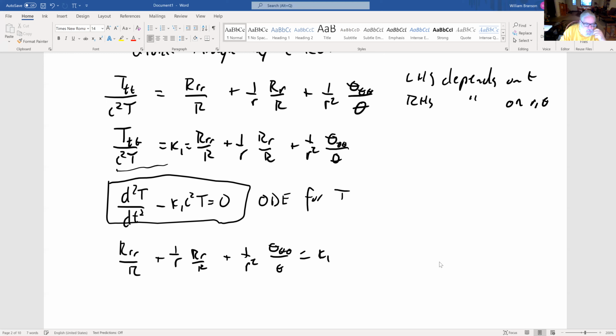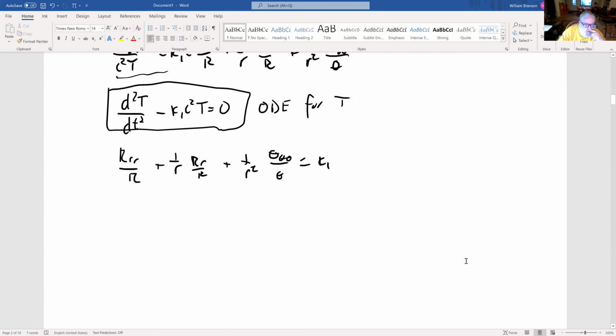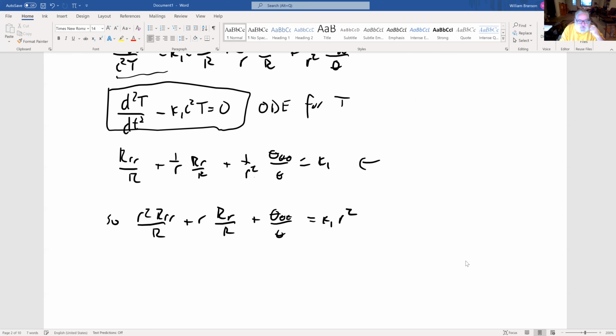equals K1. Okay, so to separate this, which is what we want to do now, we're going to multiply through by R squared. And so we end up with that.